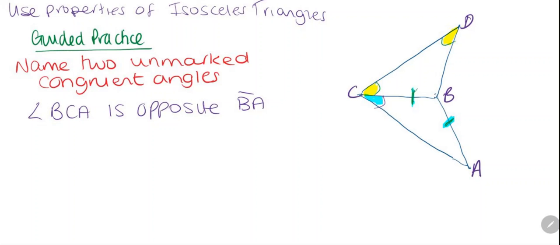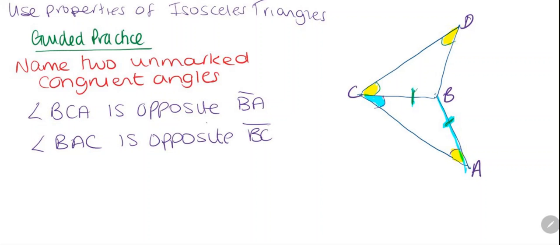So this is segment BA and the angle is opposite. We can also see this angle BAC, which is here, let's do it in yellow. So we'll say angle BAC is opposite segment BC. So this angle is opposite BC.